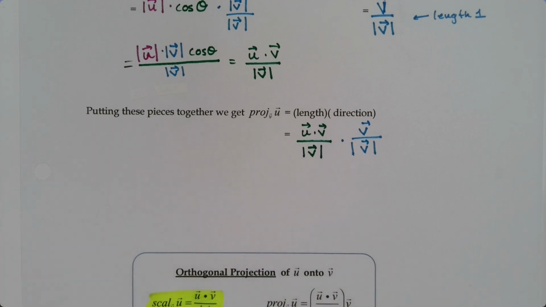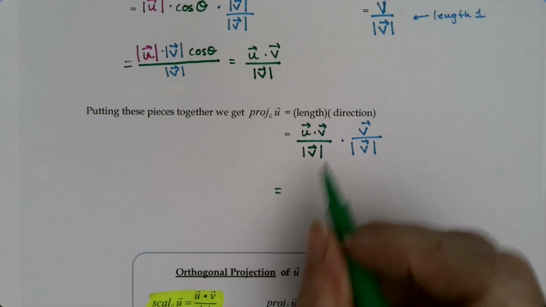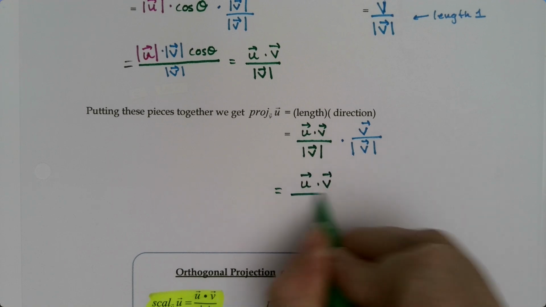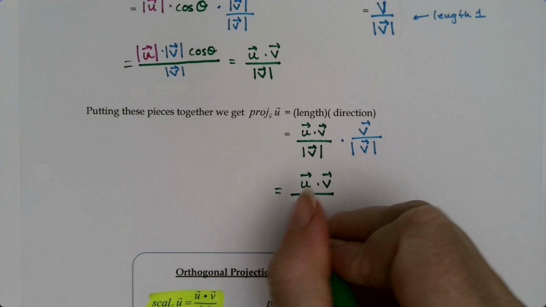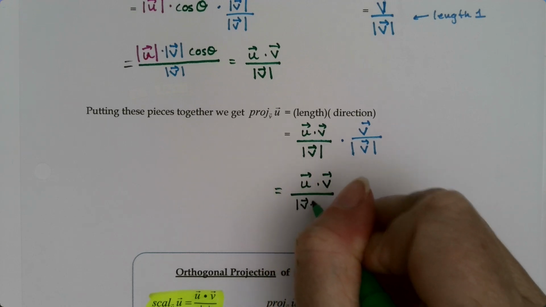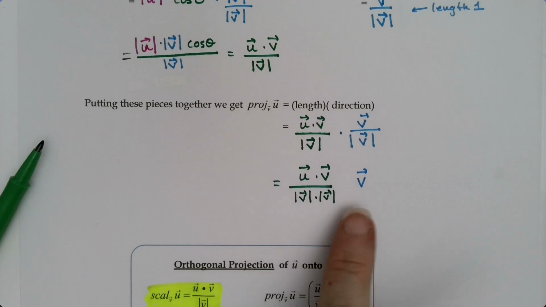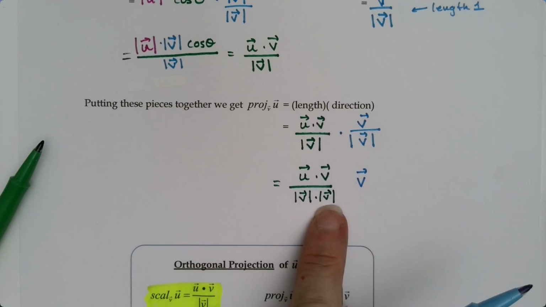All right, so then let's do a little bit of changing up here. This is u dot product with v over the magnitude of v times the magnitude of v. Okay, well, v's angle with itself is 0.